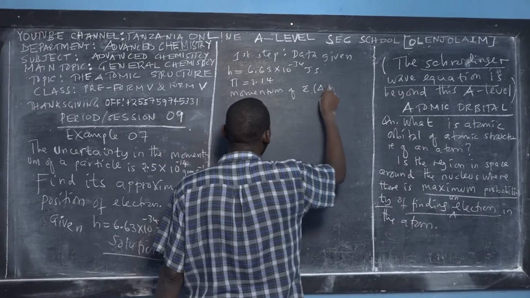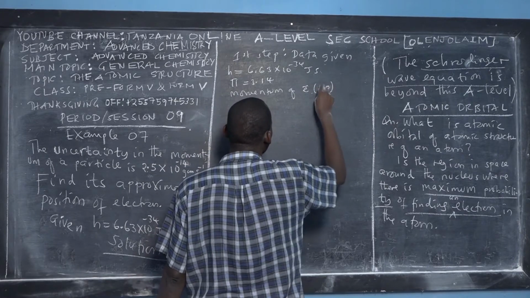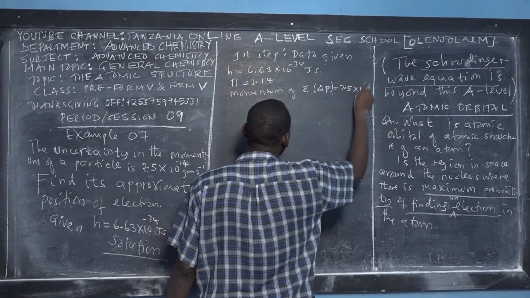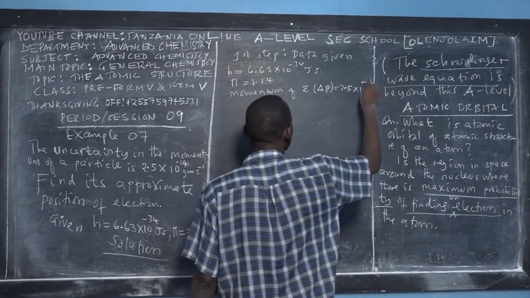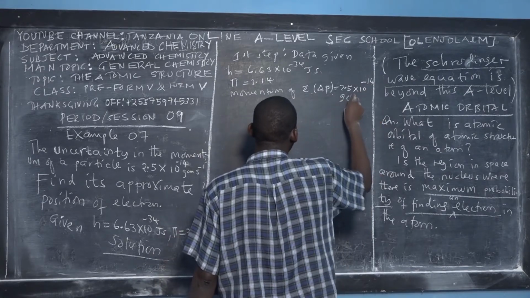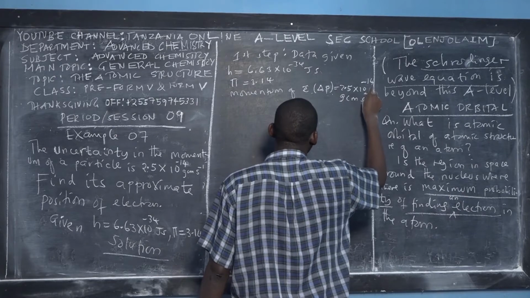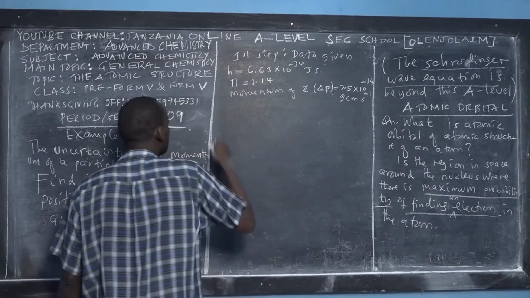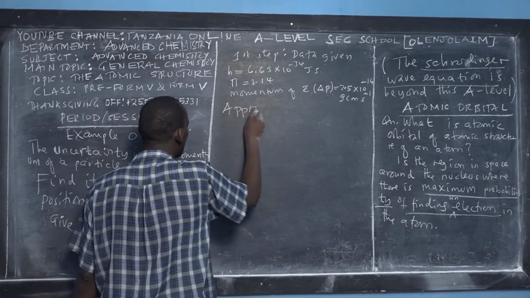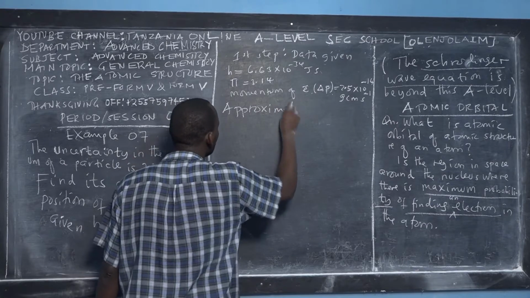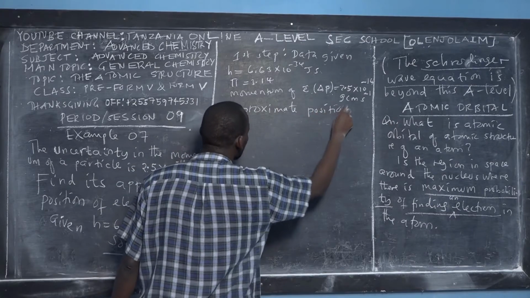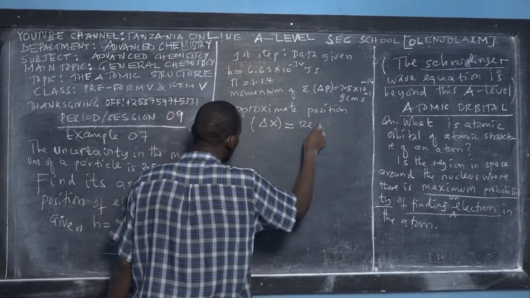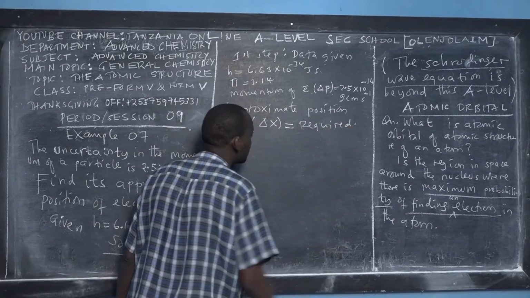This is the change in momentum, delta P, 2.5 exponent negative 14, but the unit is gram centimeter per second. That is the unit which has been given. What is required is the approximate position, which means that delta x is required.